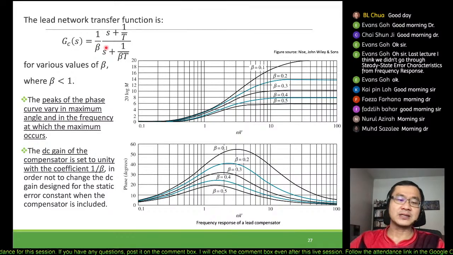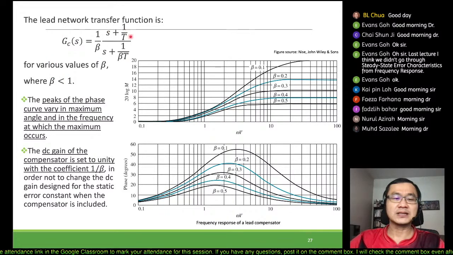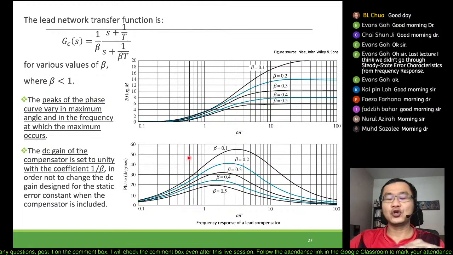That would be the case for this lead network or lead compensator transfer function. Keep in mind this is how it would look for beta lower than 1, so you can see the changes in terms of the phase and the magnitude when beta changes.